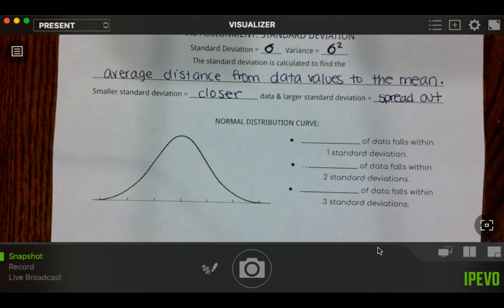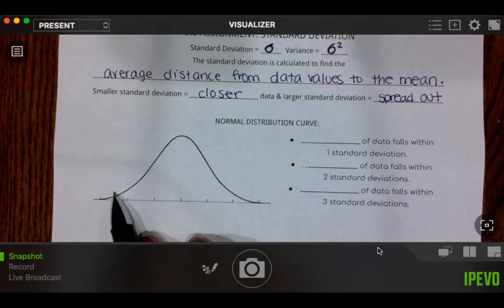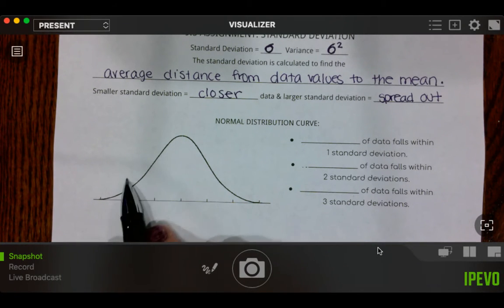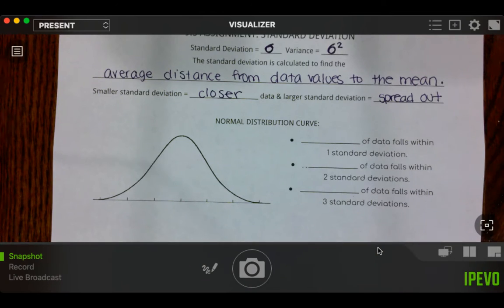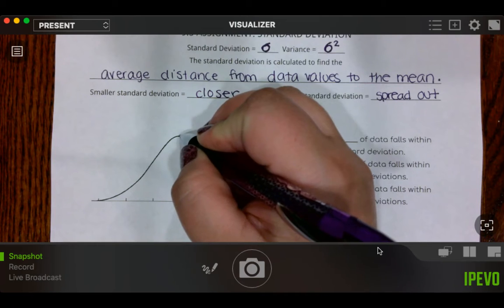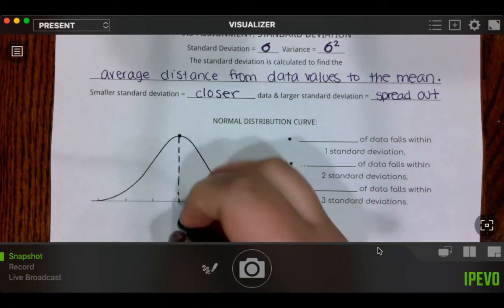And then here's what we call the normal distribution curve. So this shape right here that gets kind of high right here in the middle, it's also symmetrical. It's called a bell curve. And what happens is this one right here, this is the mean.